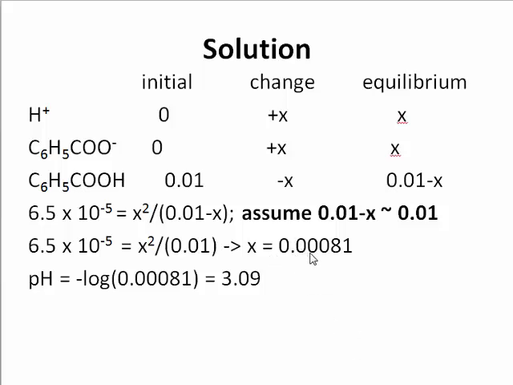This gives X as 0.00081. X is sufficiently small compared to 0.01, which would be precise to the hundredths place here in terms of X. And then we can find a pH value of 3.1, or 3.09, for this weak acid.